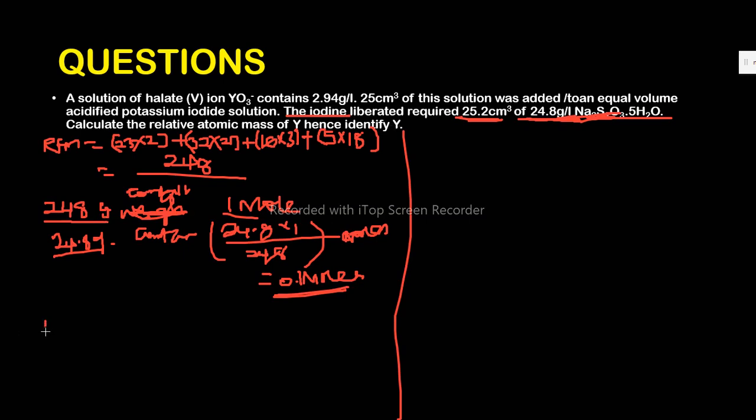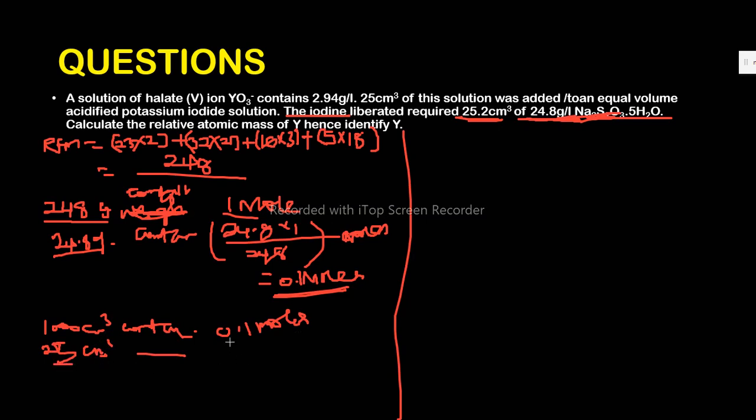So if 1,000 centimeters cubed contain 0.1 moles, how about 25.2 centimeters cubed, how much does it contain?